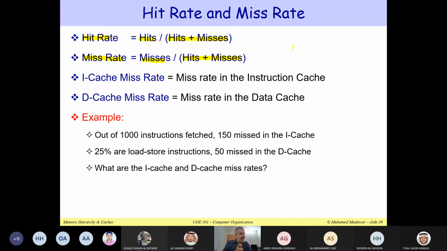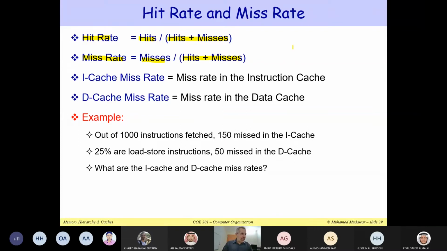So if you add the hit rate plus the miss rate, you get one. It is sufficient to know one to calculate the other. If I tell you the hit rate is 90%, what's the miss rate? 10%, yes. So it's easy, simple, right? If you know one, you can calculate the other.